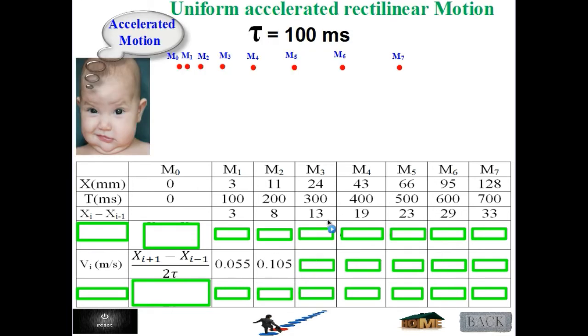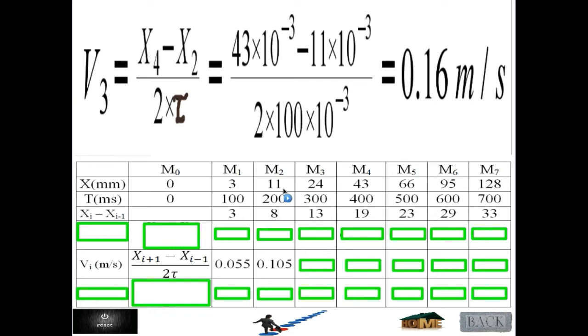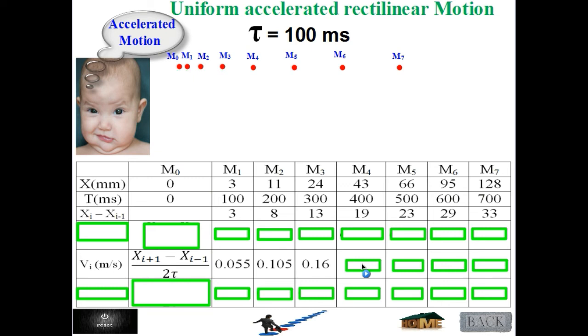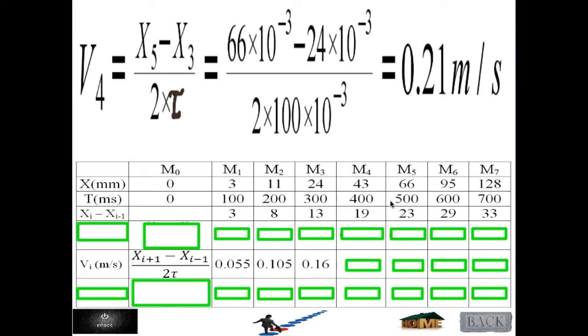V3 is also x4 minus x2 over 2 tau, 43 minus 11 over 2 tau, over 200, and we get 0.16. V4 is x5 minus x3 over 2 tau, 66 minus 24 over 2 tau, and we get 0.21.